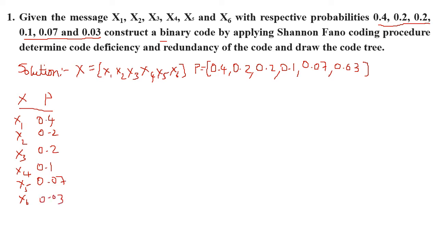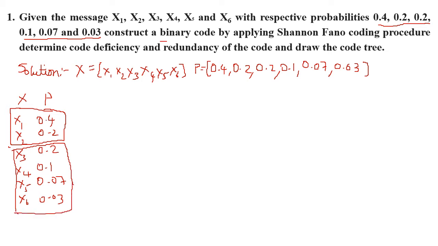The next step is grouping the symbol probabilities into equal halves. Equal halves means you are supposed to get 0.5 as the approximate value, which we cannot do in this problem. So we'll group 0.4 and 0.2 as one group and the remaining symbol probabilities as one more group.